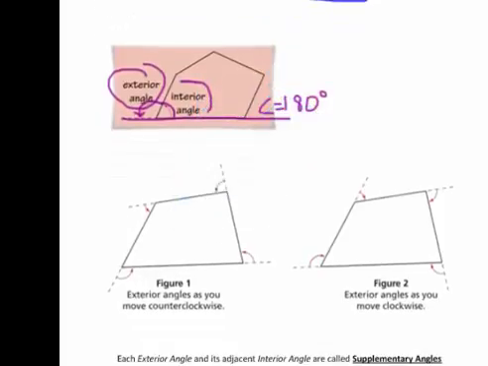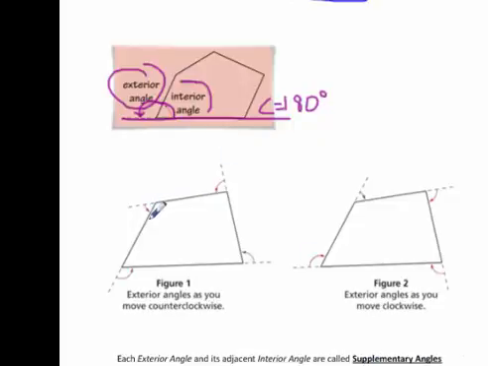So, supplementary angles, as we just said, equal 180 degrees. Each exterior angle and its adjacent one, so the one that's right next to it, just as in this figure, you add those two together and you have supplementary angles.